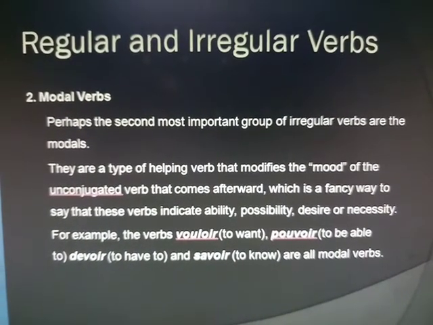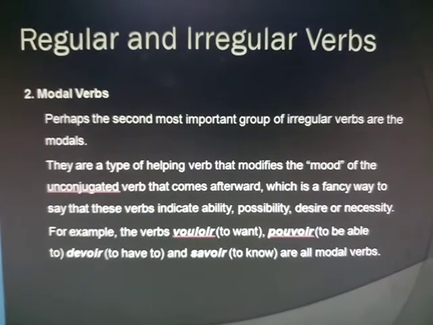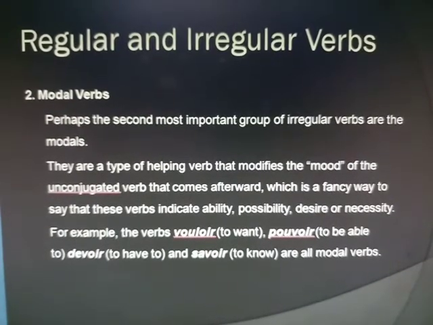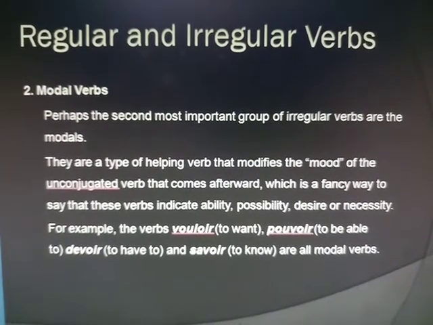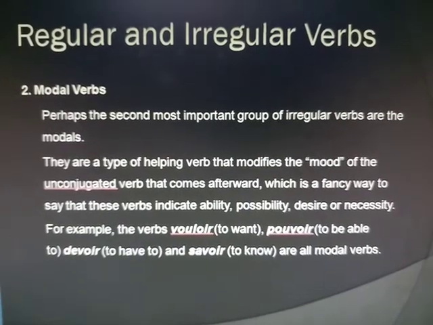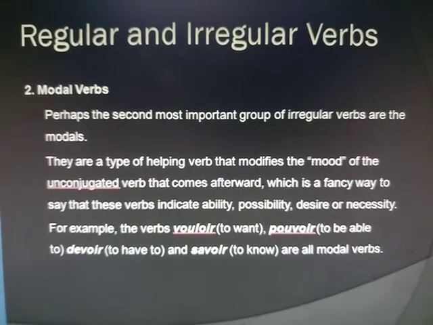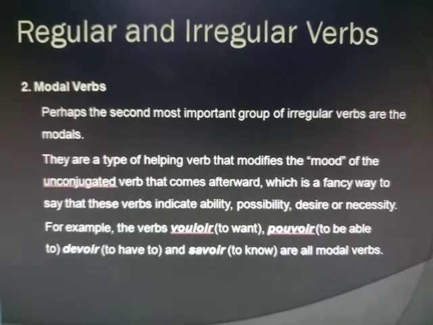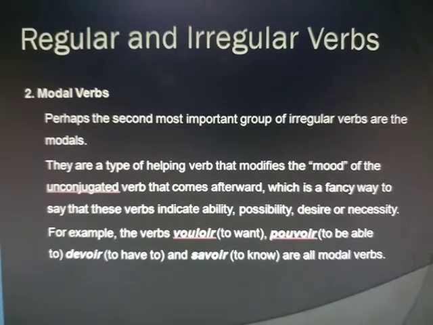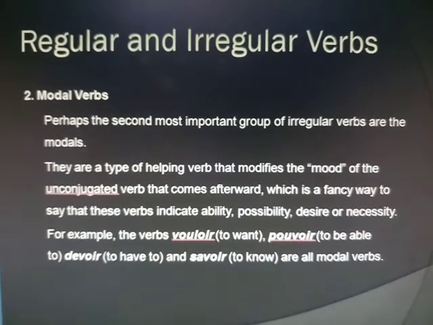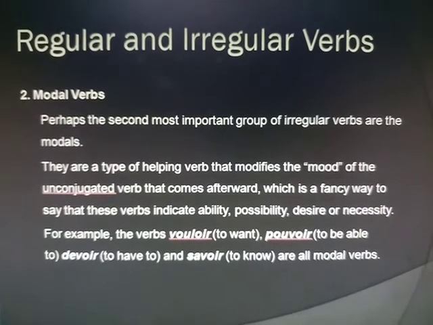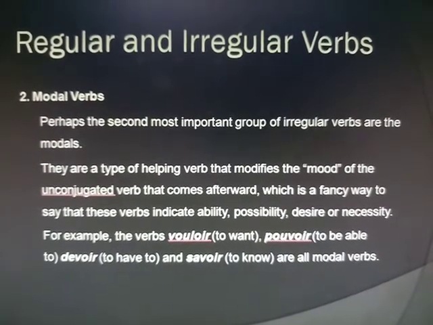Next are the modal verbs. These are perhaps the second most important group of irregular verbs in French. They are a type of helping verb that modifies the mood of the unconjugated verb that comes afterward. In French, when there are 2 verbs, only one verb is conjugated.